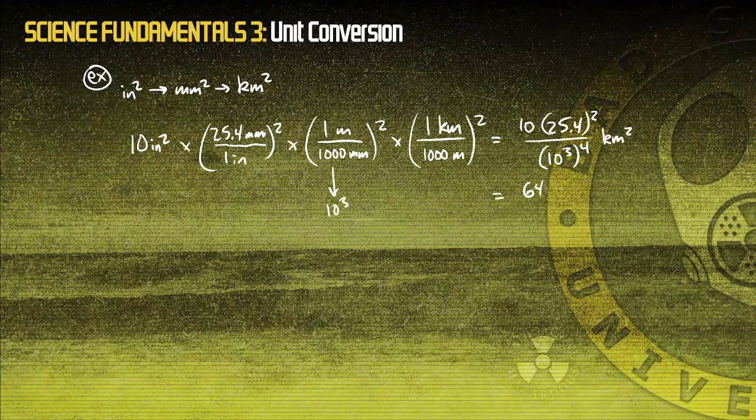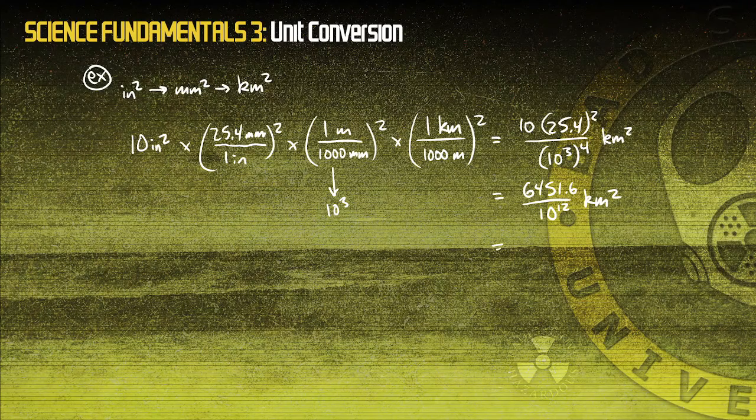So you get 6,451.6 divided by 10 to the 12. Because remember, when you have, let's say 10 to the 3 to the 4th power, you multiply the exponents together. And again, that's in kilometers squared.